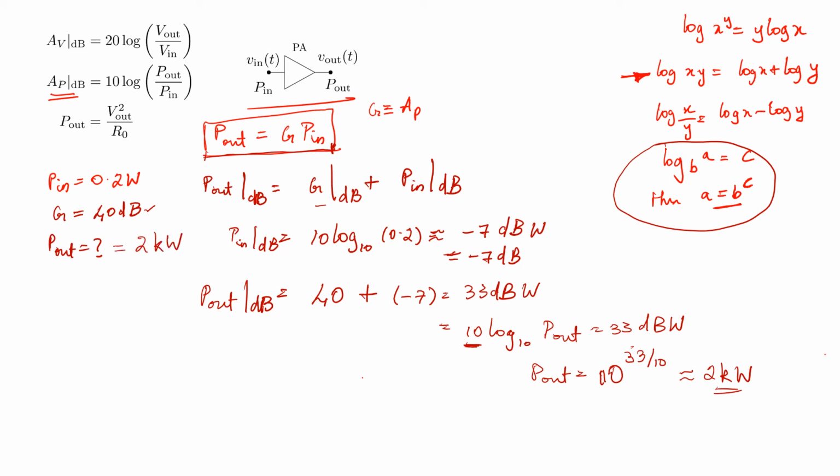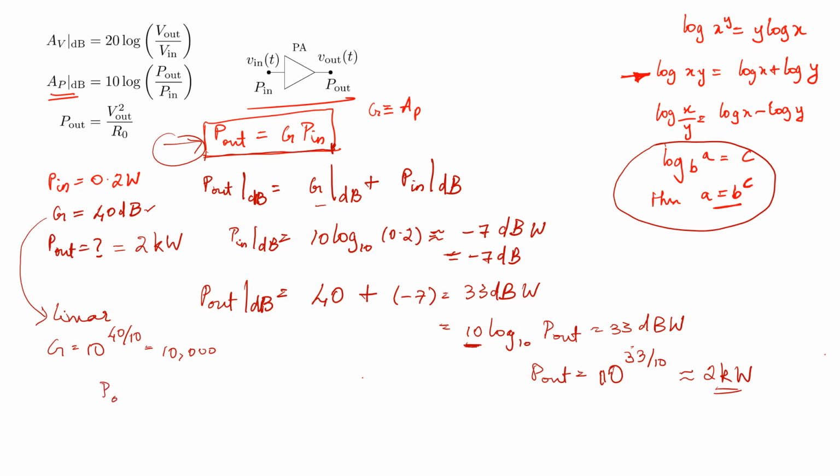The whole thing is, we could have also done it back in the linear scale. If we were to do it in the linear scale, then the gain has to be converted to linear, and gain in linear scale is simply 10 raised to the power 40 upon 10, and that would be 10,000 in this case, which is 10 raised to the power 4.